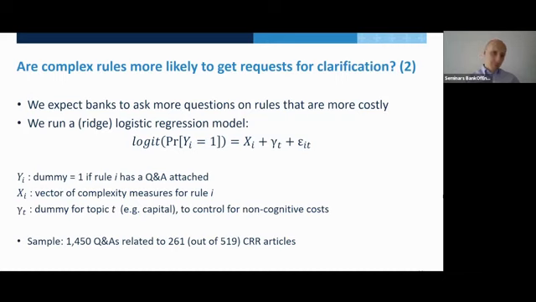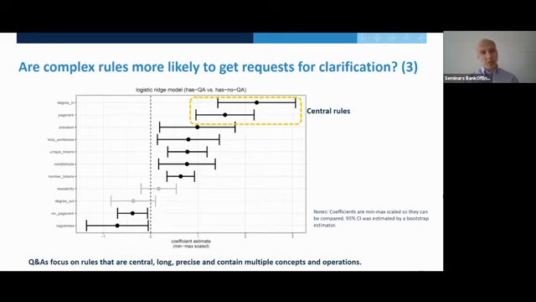And using this model, we validated our measures, and we found that degree, in-degree, and PageRank, so the structural measures, were highly predictive of the fact that a question will be asked about a particular rule. So central rules were the ones that had more questions asked about them.